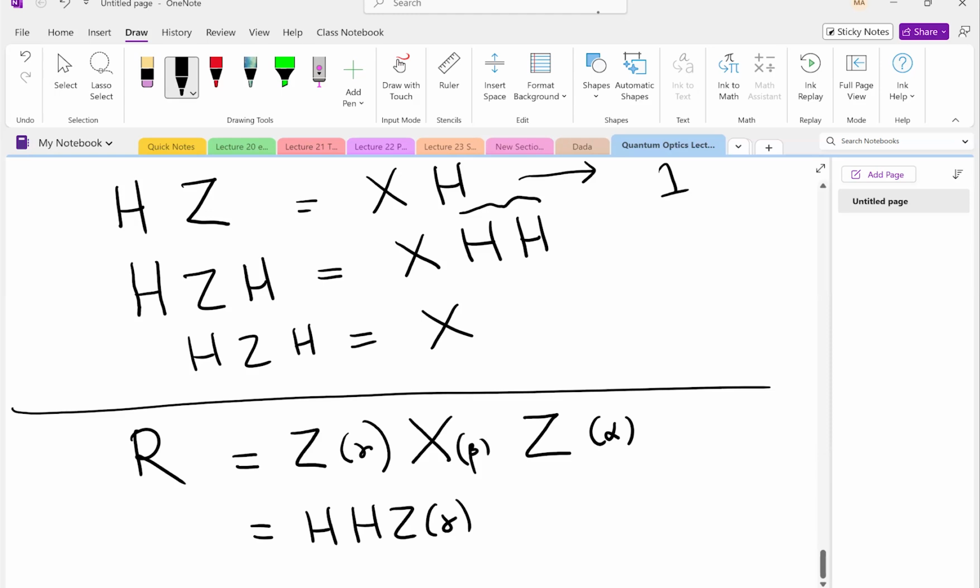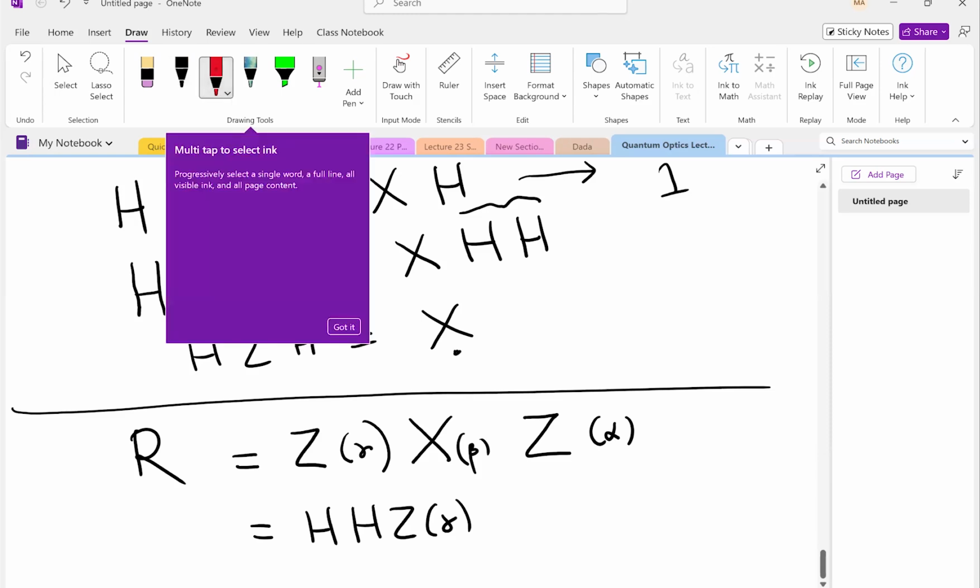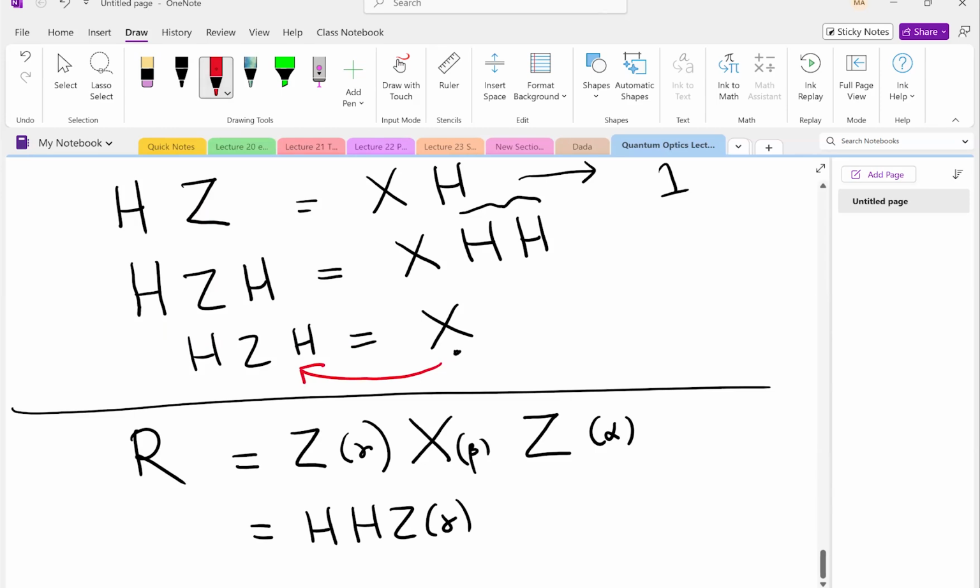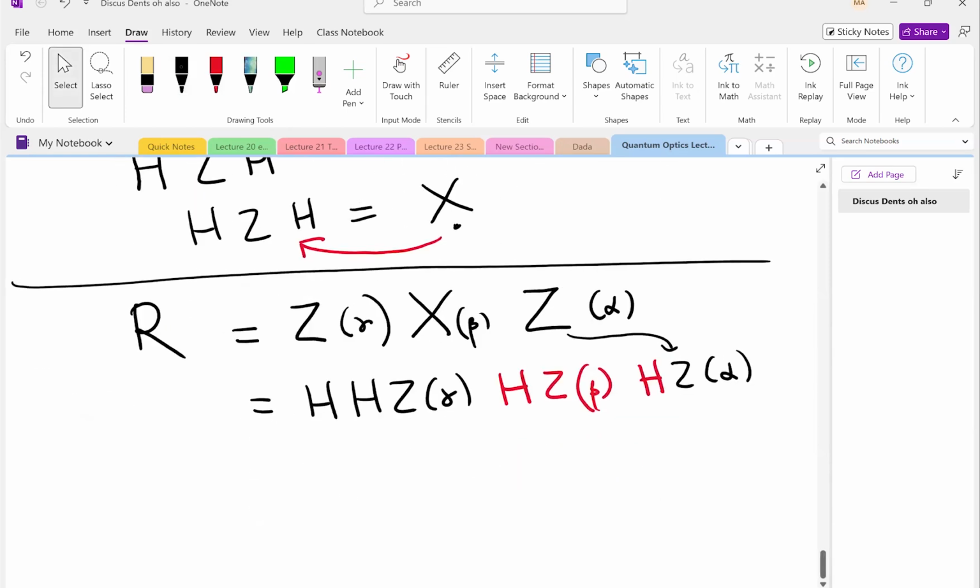I can replace X by this H Z beta H, and just write this down here as Z alpha. So my ZXZ is really equal to this.